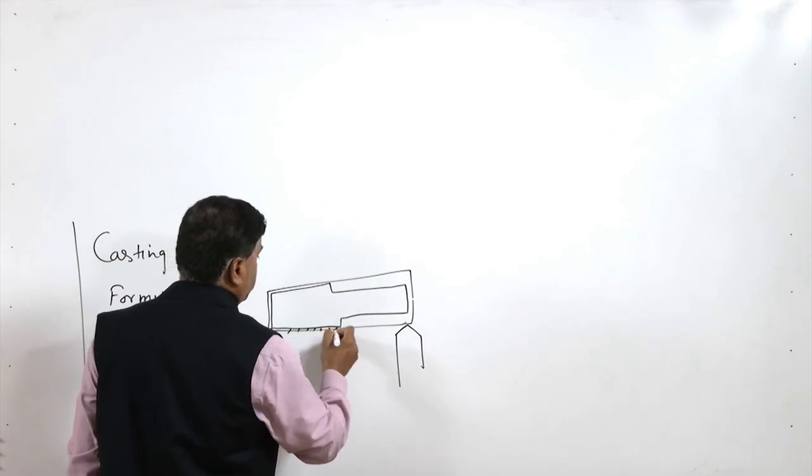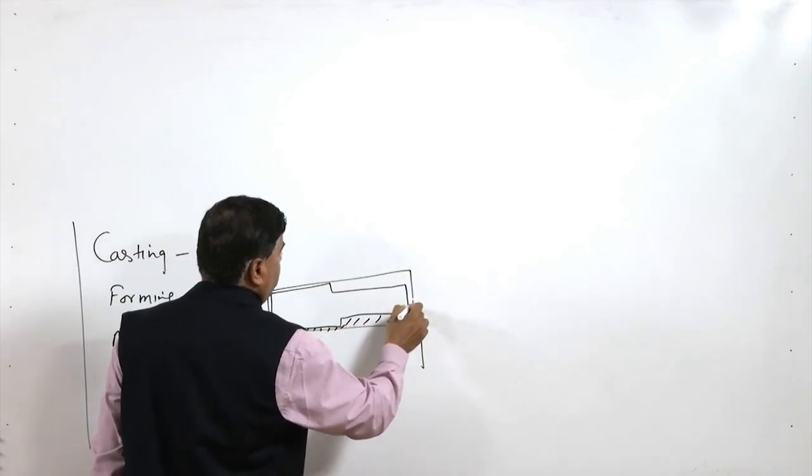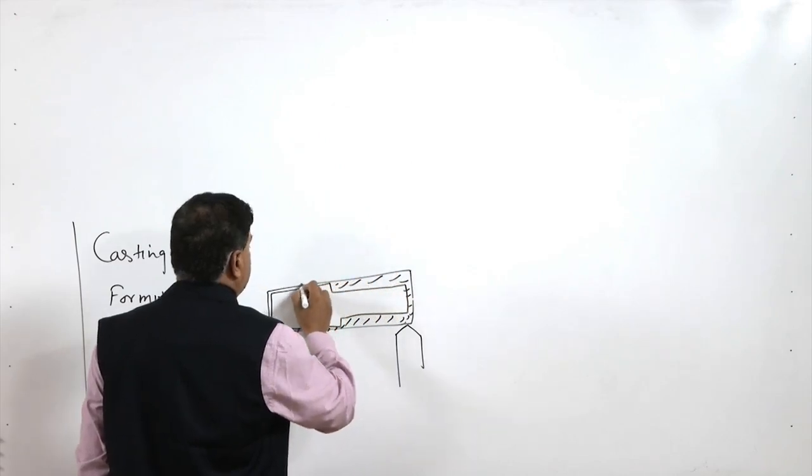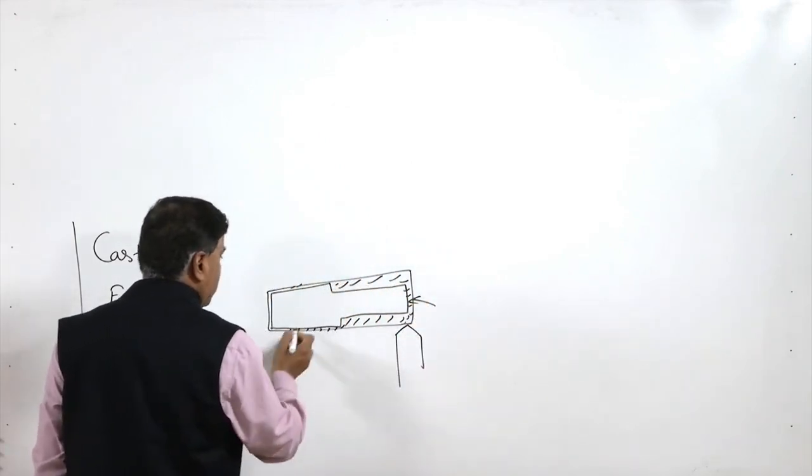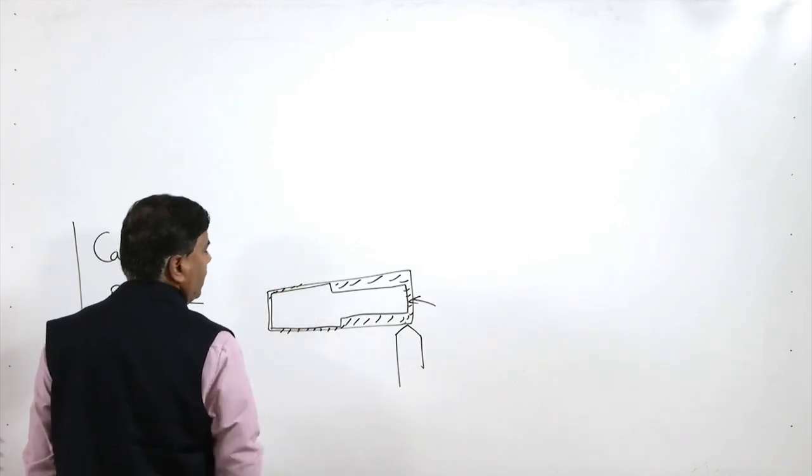This hatched portion is the portion from where material is to be removed. Say this is the turning process, this is where facing will be done, and this is the region where turning is to be done.